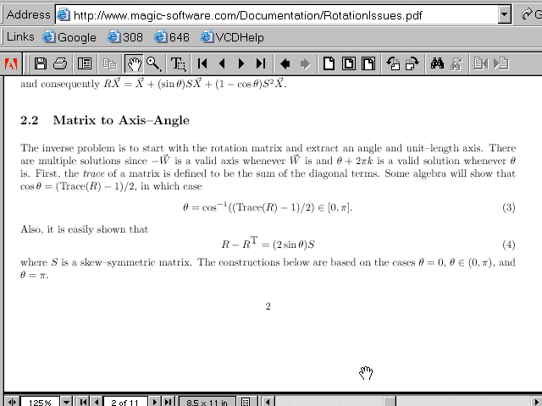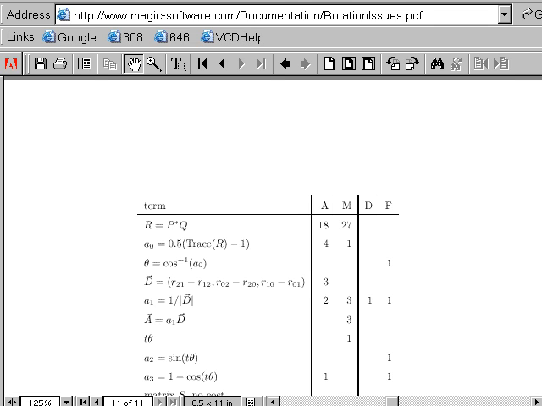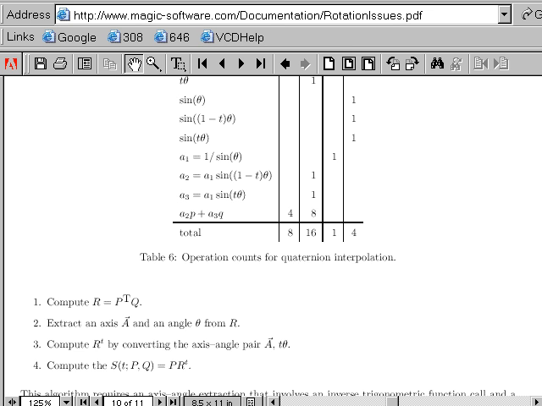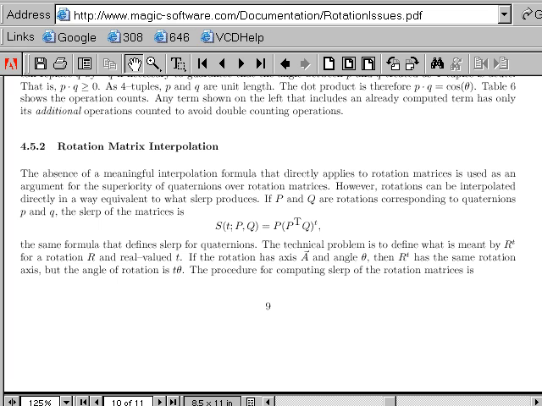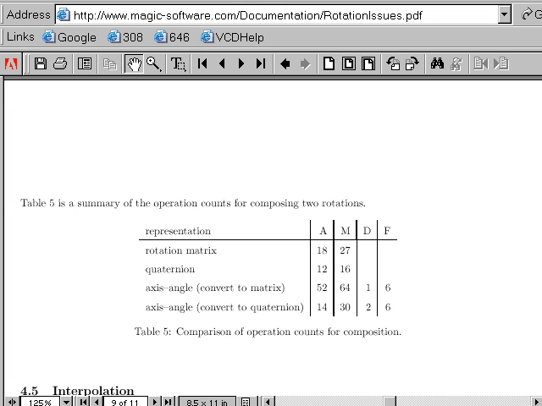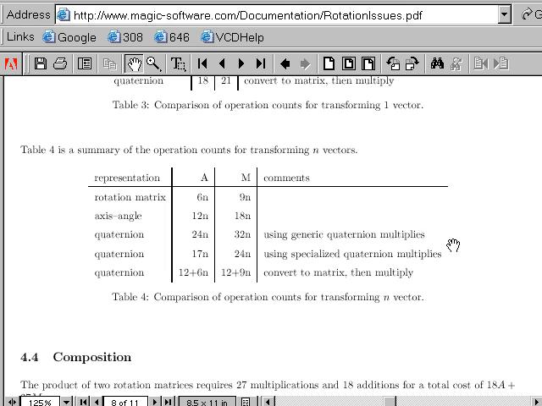So if you go all the way to the end, if you calculate the operation count for multiple repeated n vectors, the rotation matrix takes essentially asymptotically 9n, axis angle, etc., and the quaternion takes an initial 12 and then 9n.